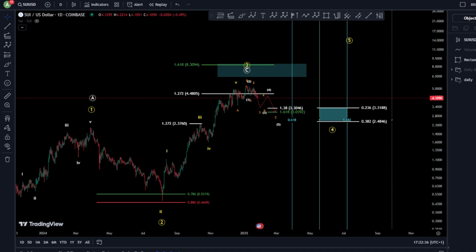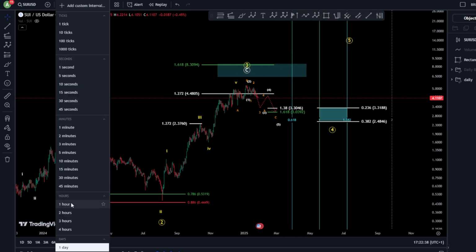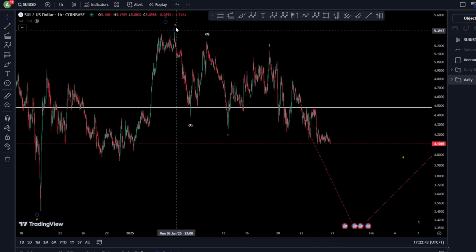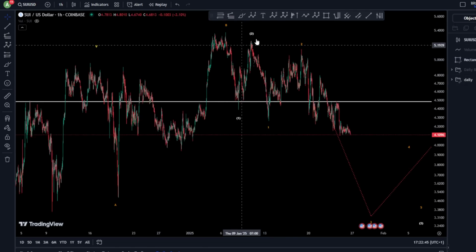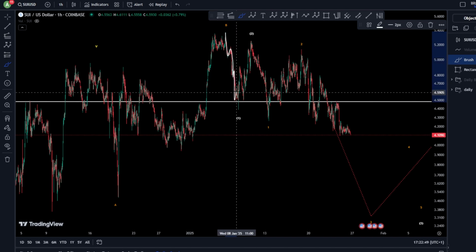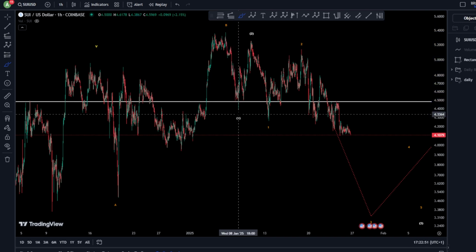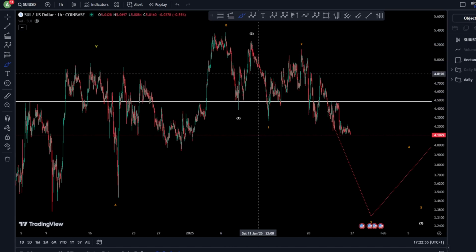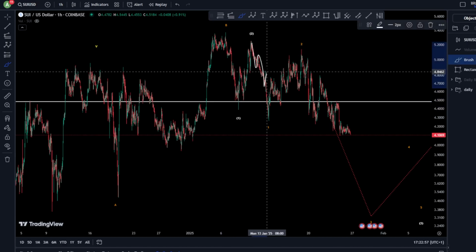Now, if we take a closer look on the 1-hour chart, we can see that those are 2 impulses starting at the top here, where you have 1, 2, 3, probably 4, and a 5. And of course, a correction here as ABC. And as you can see, also another impulse 1, 2, 3, 4, 5.